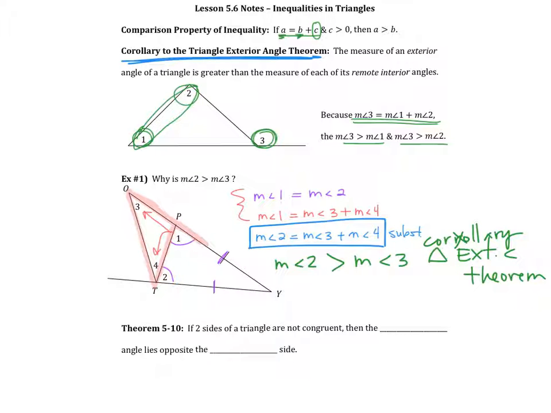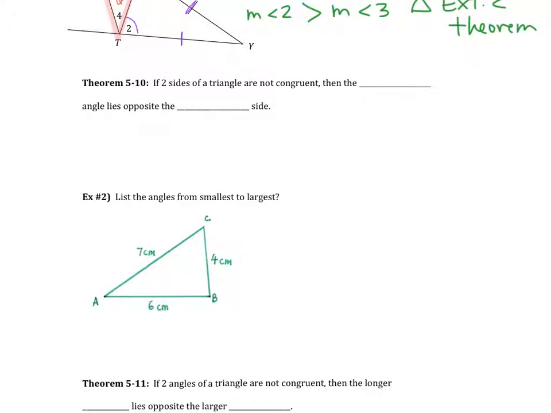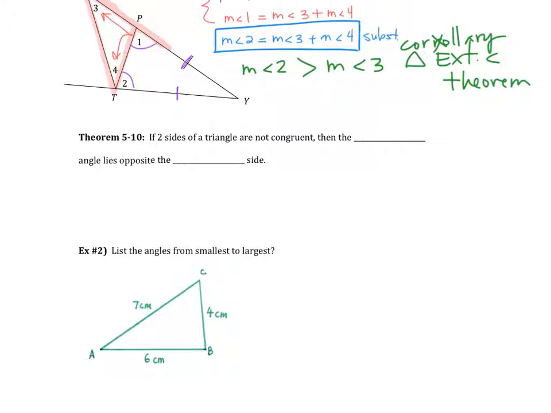Okay, these next couple theorems are more what you're going to be spending the most of your time on. So let's look at Theorem 5-10 here. Theorem 5-10 says if two sides of a triangle are not congruent, then the larger angle lies opposite the longer side.